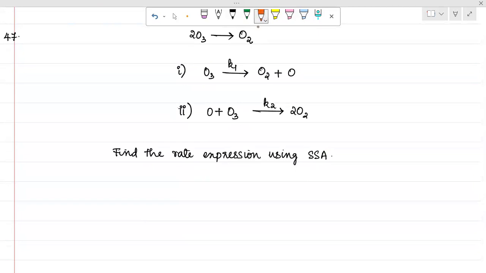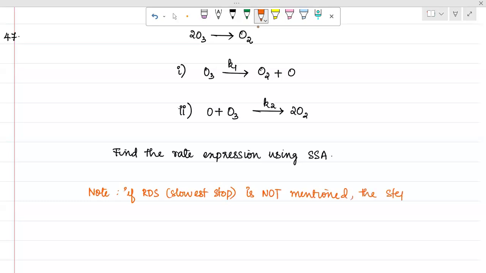So note, if the RDS, which is the slowest step, is not mentioned, the step corresponding to product formation is used for determining the rate.